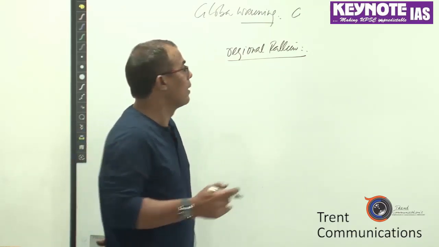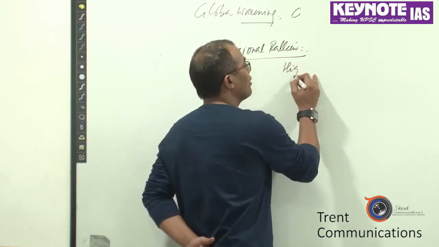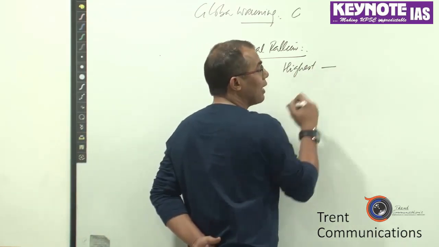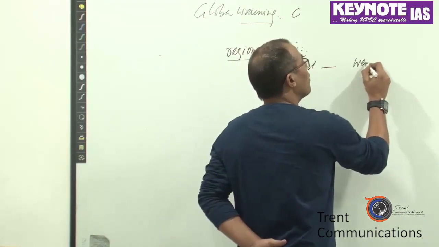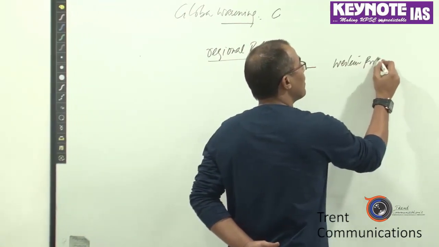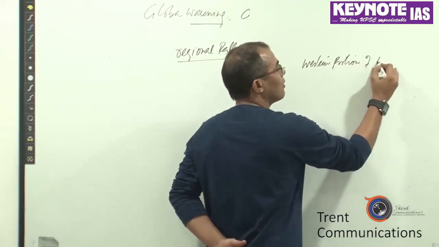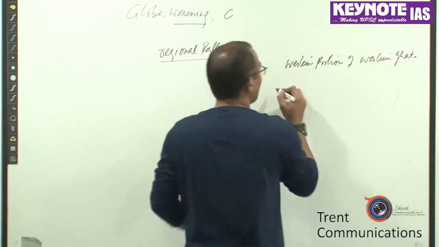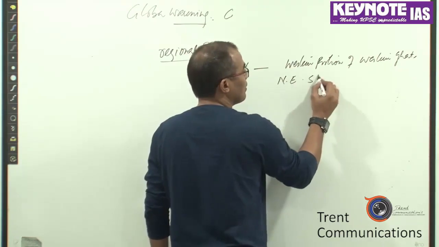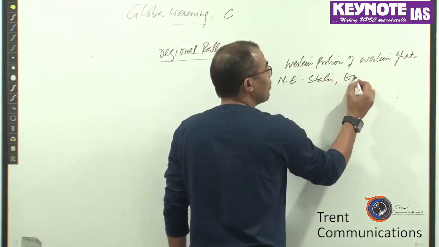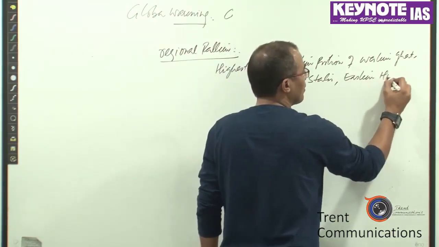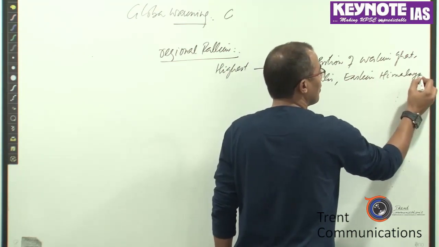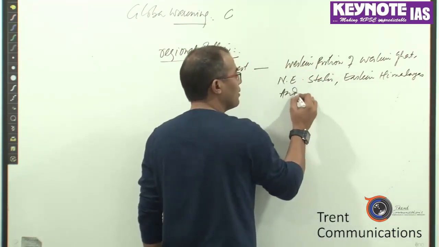For example, the highest rainfall receiving regions are the western portion of Western Ghat, northeastern states, eastern Himalayas, Andaman Nicobar Island.